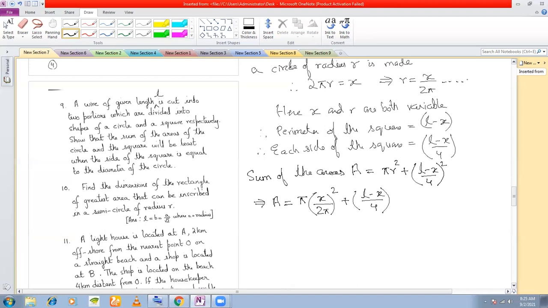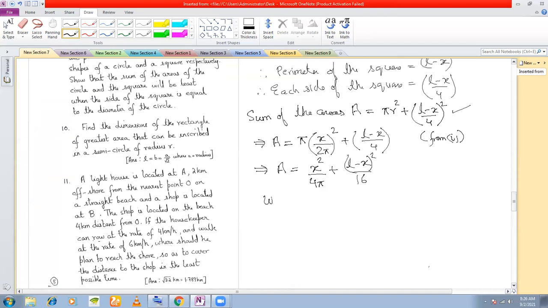Call this 1. So from 1, if you see, we had two variables here, r and x, and we brought it down to a single variable. Okay, let's simplify this a little. This is the sum of the areas.